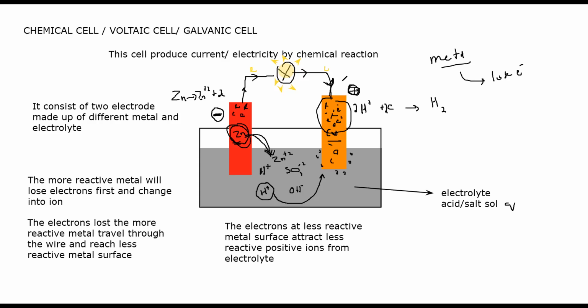Instead of saying anode and cathode, it's better you use the term negative plate and positive plate. The more reactive metal is termed as a negative plate, and the less reactive metal is termed as a positive plate.